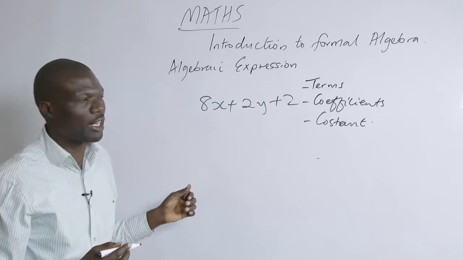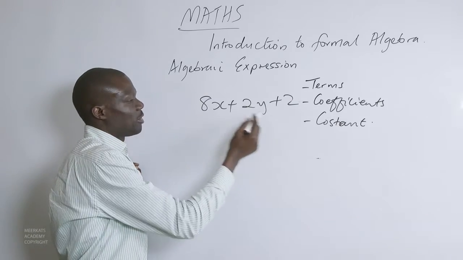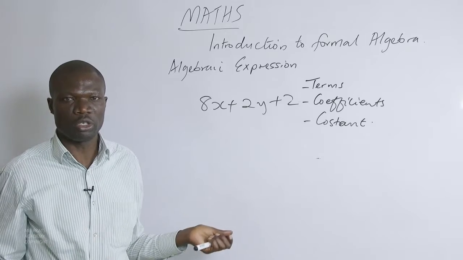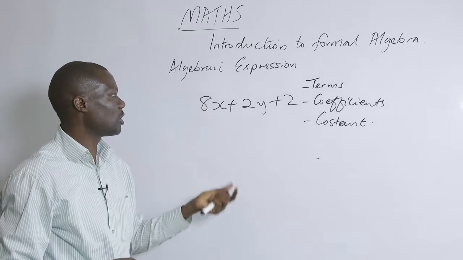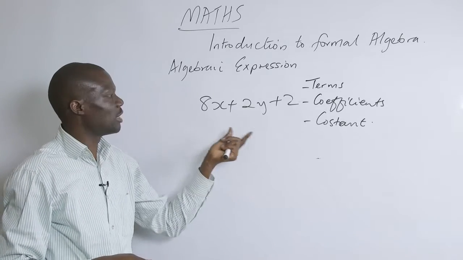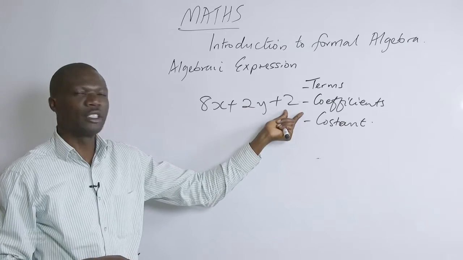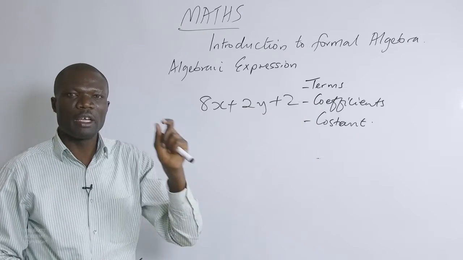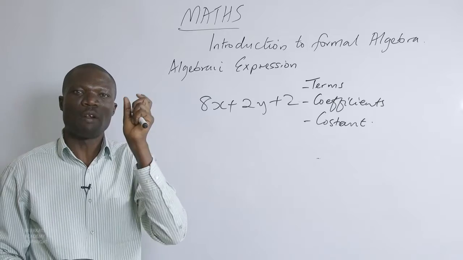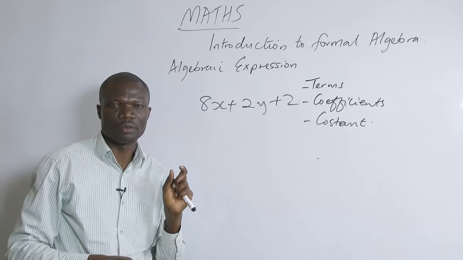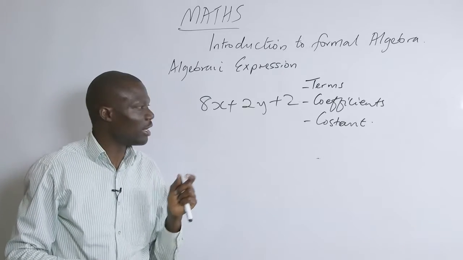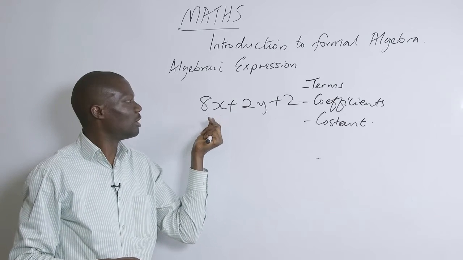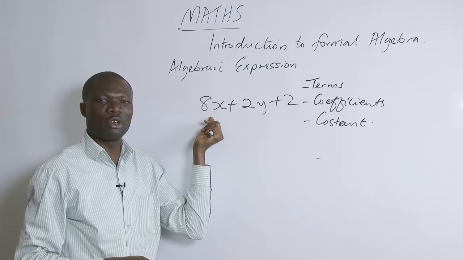To start with, the terms in this expression are 3, those combined with pronumerals and others that are just a constant. We have 8x, 2y, and 2. For the coefficient, it is a number that comes before the pronumeral. In this case, we have x, and before x we have 8.